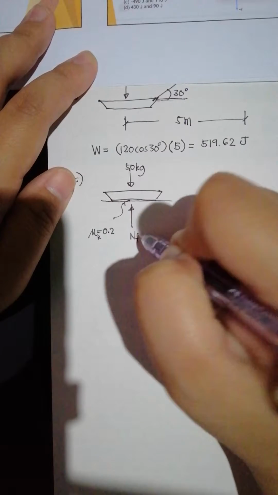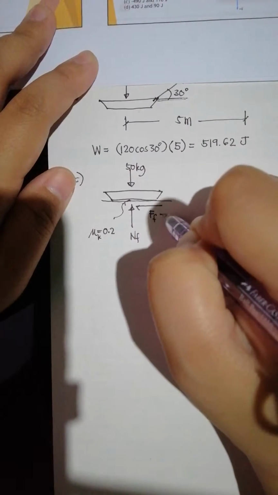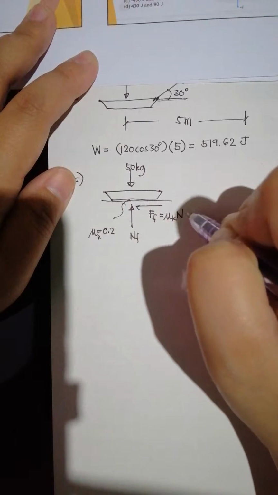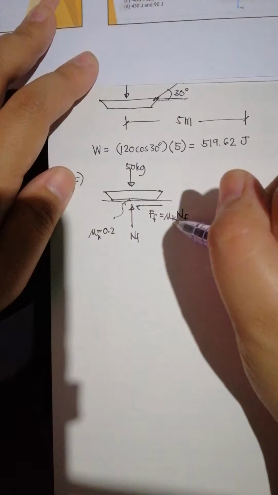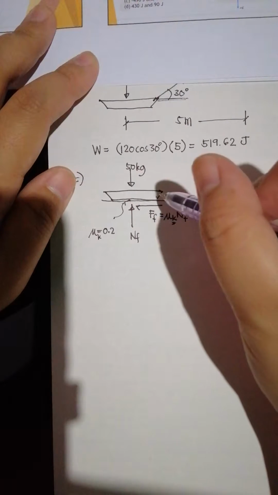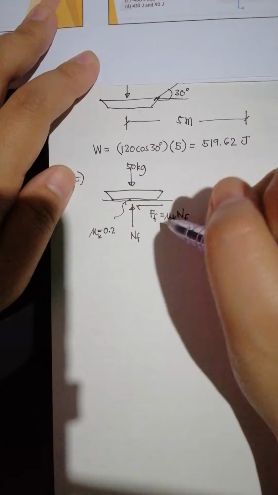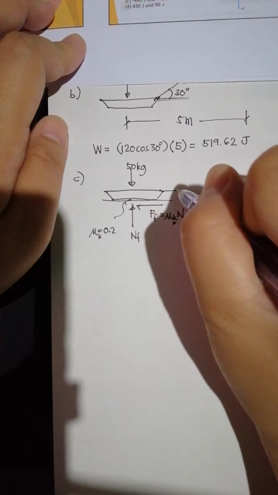Kinetic friction. We have a normal force, and we also have the frictional force, which is equal to the coefficient of kinetic friction times the normal force. We use the kinetic coefficient of friction because of the pull on the rope, there is already movement on the sled.